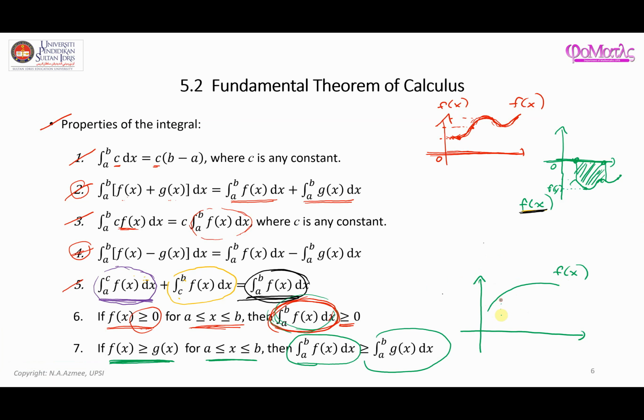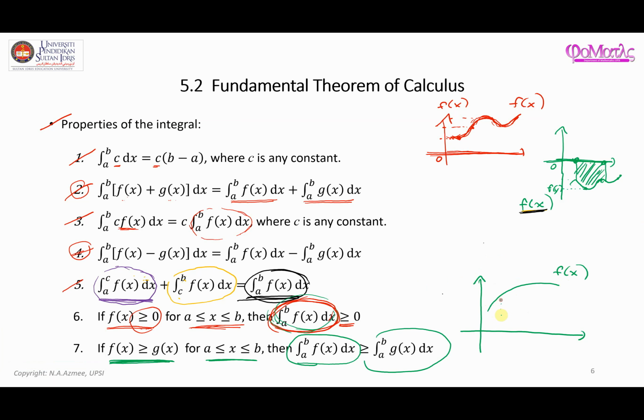And the area of g(x) will be evaluated from this line until this horizontal axis here. So clearly, based on that, the area for f(x) is bigger than the area for g(x).